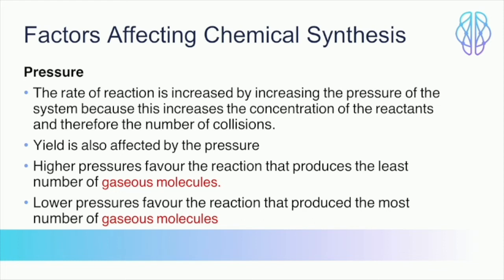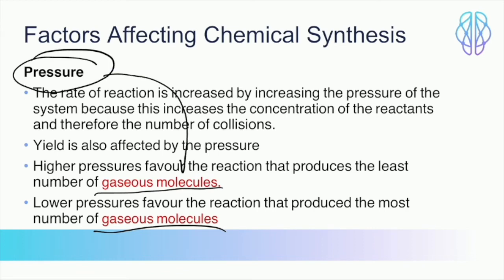Another thing should be stated. So there's a reason I put gaseous molecules in red. Pressure, or an increase in pressure, will only affect the yield of gaseous chemical synthesis pathways.